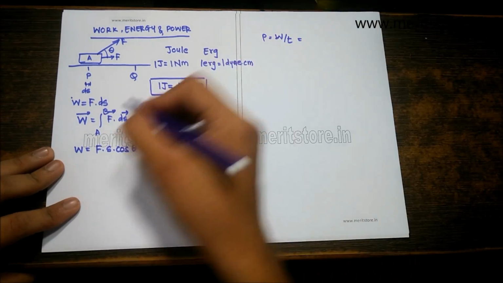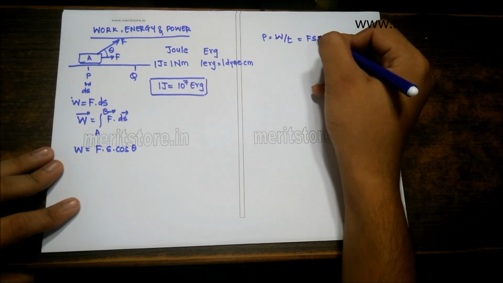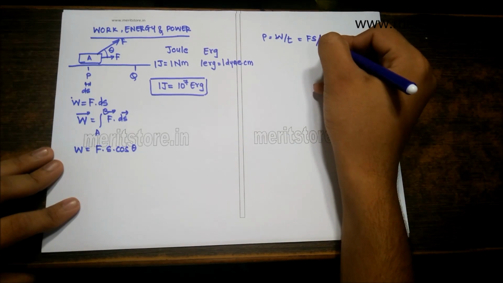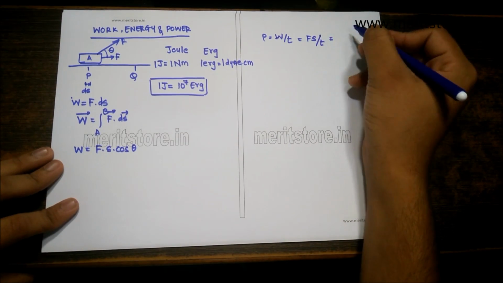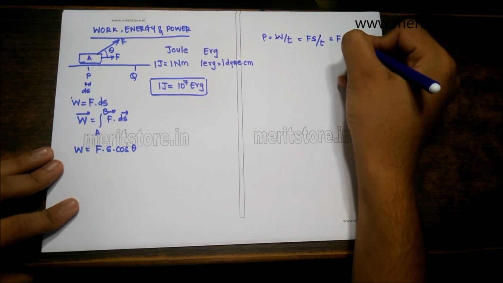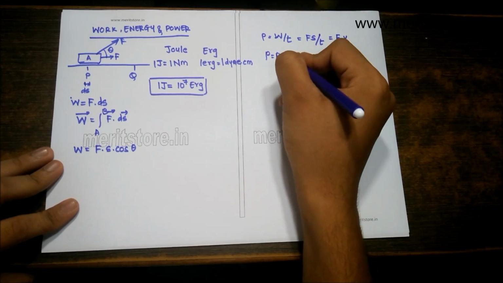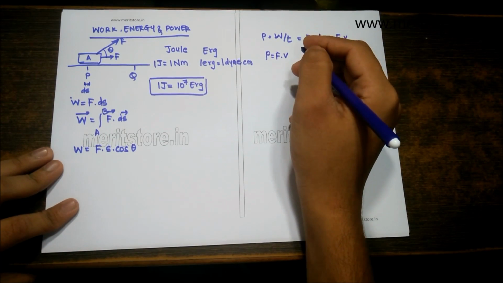But work done is equal to F into S, and here we have T. But S by T is basically displacement upon time, which is the velocity. So P is equal to F into V, which means that it is the force into the velocity or the speed.